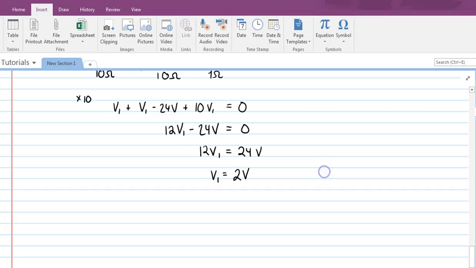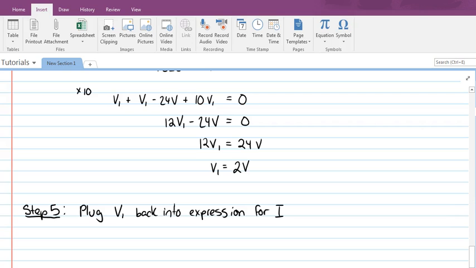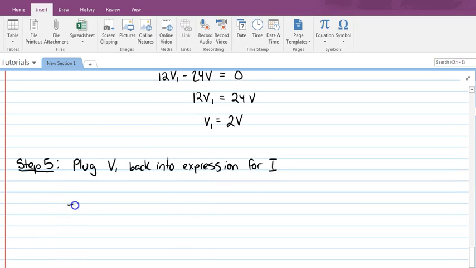So now step 5 in the problem is to plug the value of V1 back into our expression for I. So what is our expression for I? Can we remember it?